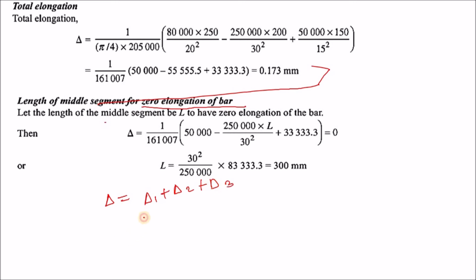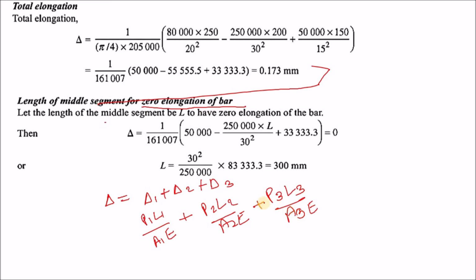Del 1 equal to P1 L1 divided by A1 E. E is the same for all. Plus P2 L2 divided by A2 E plus P3 L3 divided by A3 E. In this way we can write. Now for the second portion, del will be equal to 0, because based on the question the elongation will be 0.